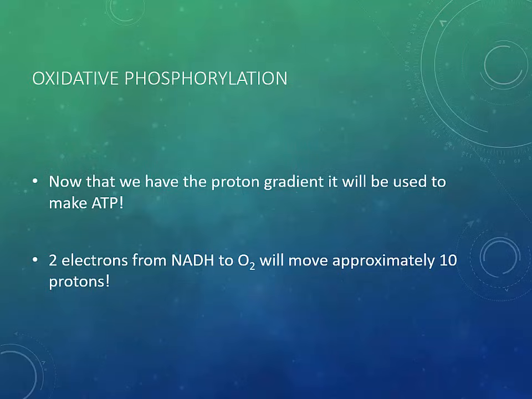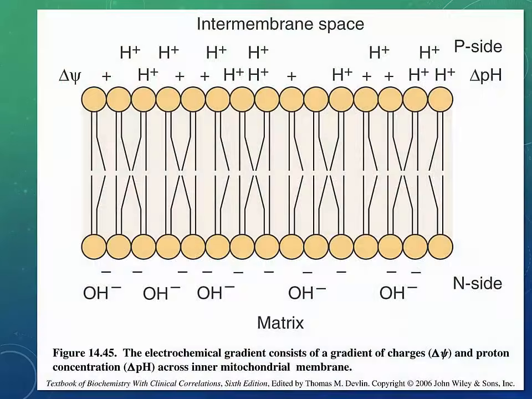So if you do the theoretical calculations, which I'm not going to ask you to do, 2 electrons from NADH to oxygen will move approximately 10 protons. So here we show the matrix side of the inner membrane and the intermembrane space side of the inner membrane. And we can see that by pumping protons, we have left behind hydroxyl groups, as we split up water.